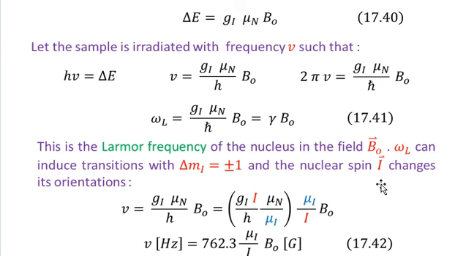Under that condition, it is referred to as the nuclear spin resonance. Resonance means that between these two levels, the emission and the absorption will take place at the same level. That is why it is called a resonance. And it is called the nuclear spin resonance method because the nuclear spin will change its orientation either in absorption or in emission.